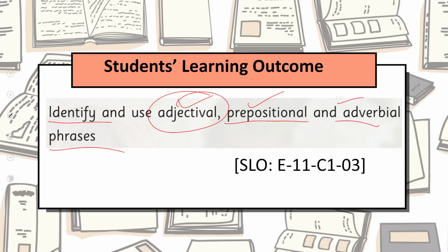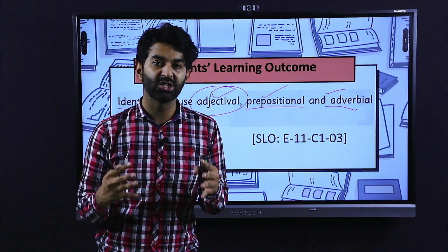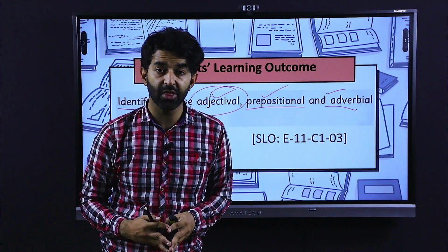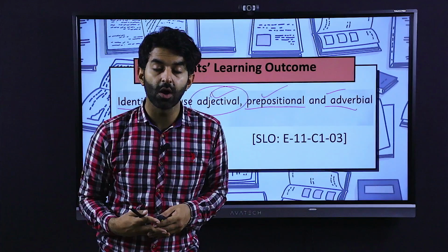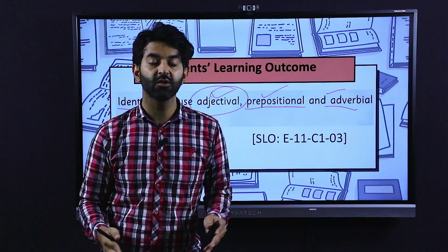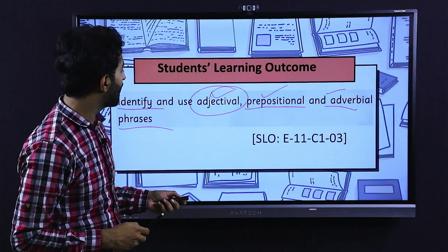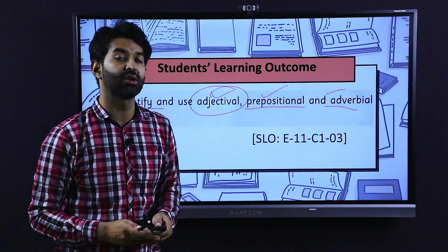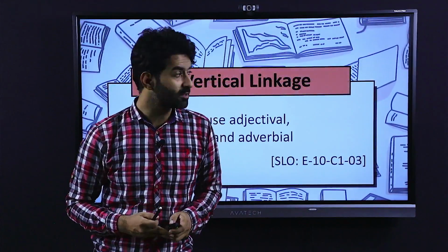So it means we are connecting the parts of speech like adverb, adjective, and preposition with different groups of words, and we are making them collaborate with phrases, and we are calling them adverbial phrases, adjectival phrases, and prepositional phrases. So this is our student learning outcome. We need to see all these 3 different types of phrases, and we will see them in different examples.